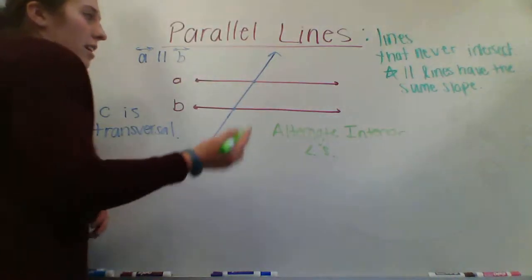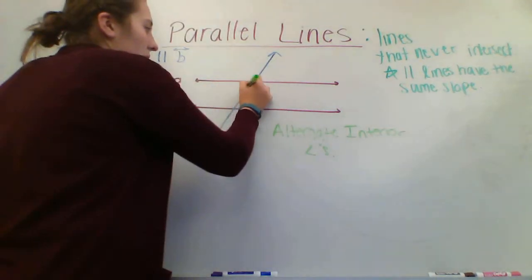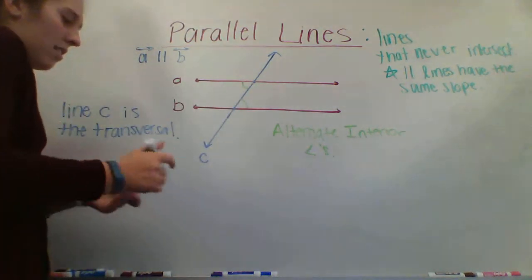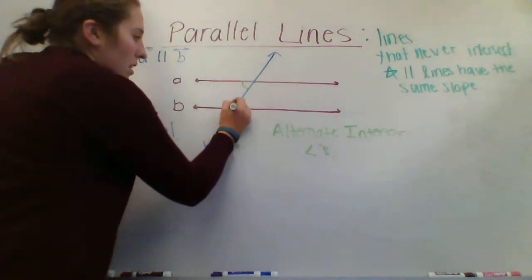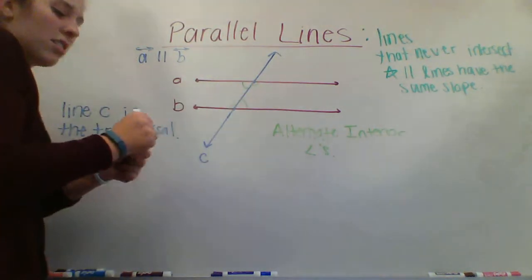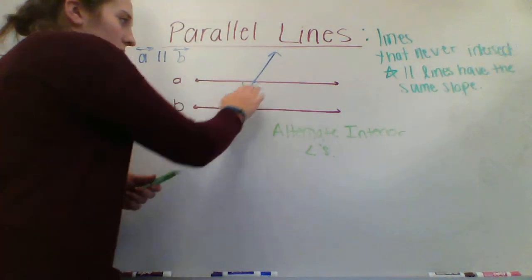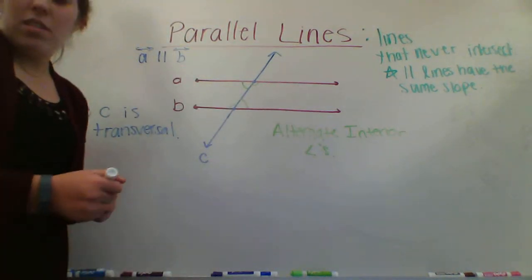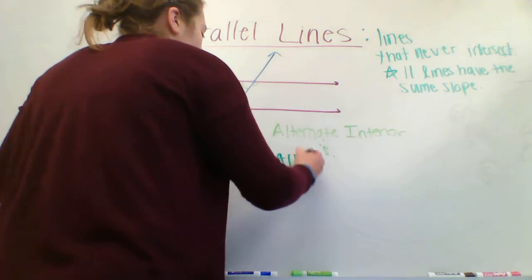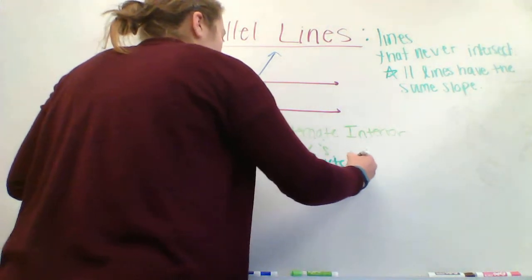Alternate interior angles will be in this light green color. And they could be on either side, so they could be these as well. So they're just opposite sides of the transversal, and it's on the interior, which is the inside of the two lines. Then we also have alternate exterior angles.